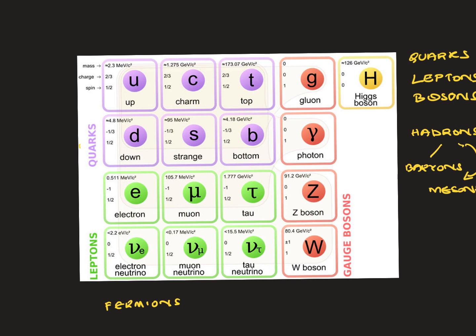So fermions is basically all the hadrons and the leptons. All the hadrons and leptons are, there's another word, fermions. So that basically concludes the explanation of the standard model. There are lots of things to remember, but I think these are the terms that scientists came up with to name these particles.